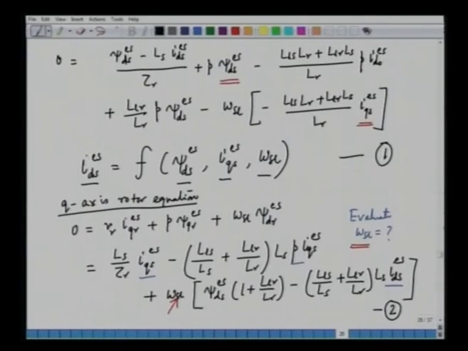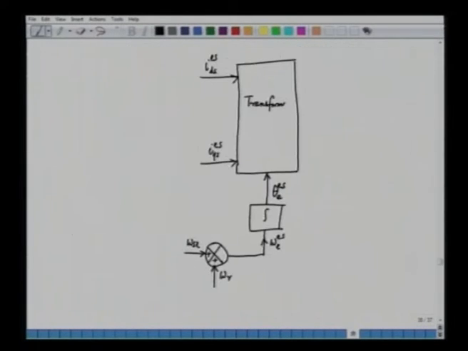This slip speed can be used to compute the synchronous speed at which the stator flux vector is rotating in space.